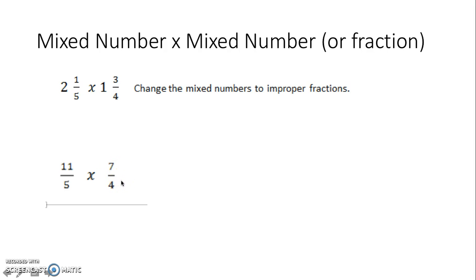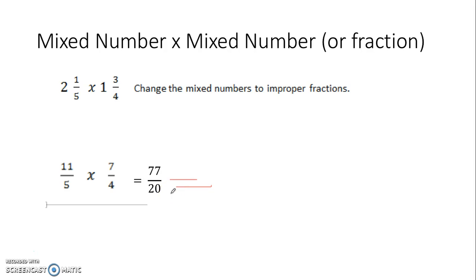So that's what we do first, and then we're doing the same thing. Now we have fraction times a fraction, so we know our first step: multiply the numerators, so 11 times 7 is 77. Multiply the denominators, 5 times 4 is 20, so we get 77 over 20. And then we want a pen. Okay, and then we need to simplify 77 over 20.